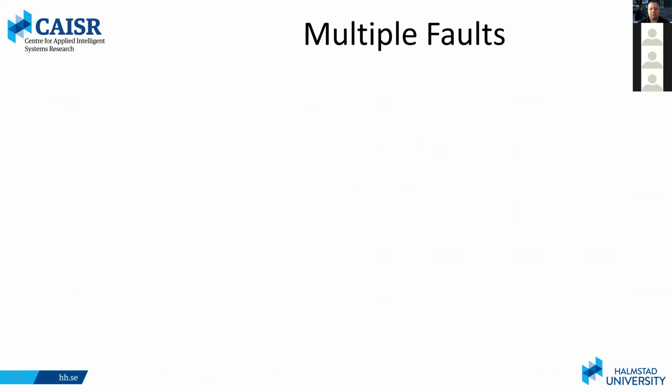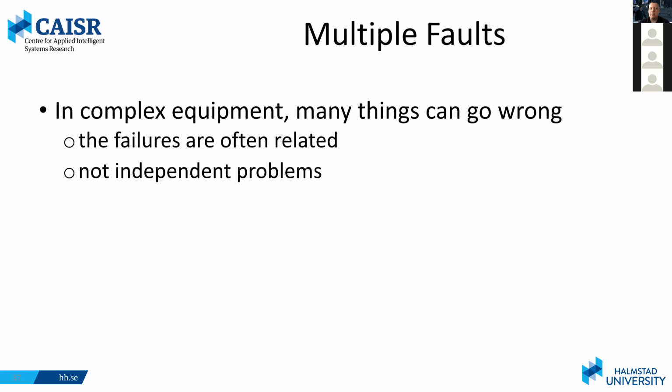And the really interesting part is that those failures are related. They happen to different components, but those components are all building the whole truck. So the typical way of handling it is to build one classifier per fault.